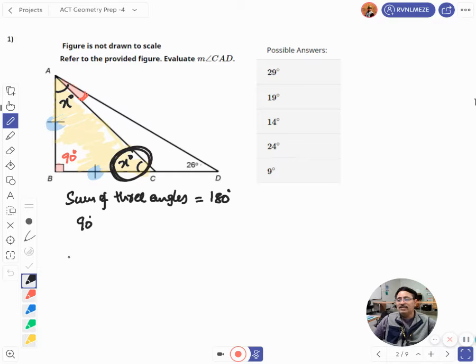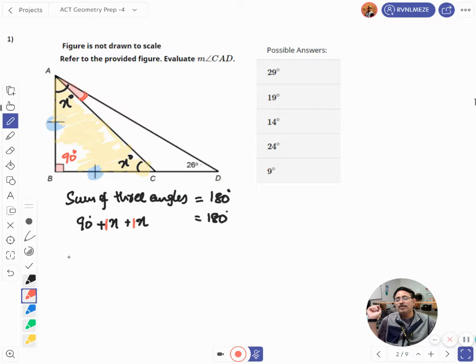The other two angles are x and x degrees. Therefore, 90 plus x equals to 180 degrees. Several times I mentioned that x means 1x. It is as simple as apple means that is one apple. In the same way, x means it is 1x.